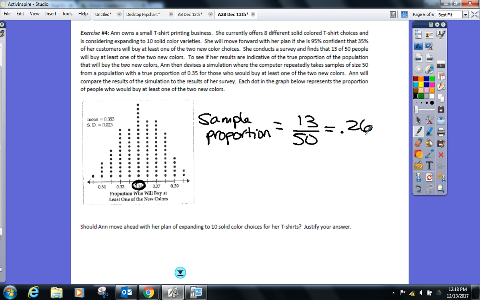So that's what she found. But she's got to be 95% confident. So what do we need to find? What do we call it if we want to be 95% confident? Confidence interval. If we take a look at our simulation and our 0.26, we kind of already know what's going to happen here, but let's mathematically show it.